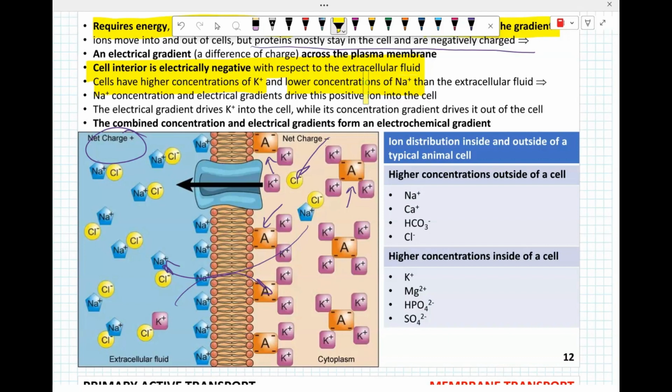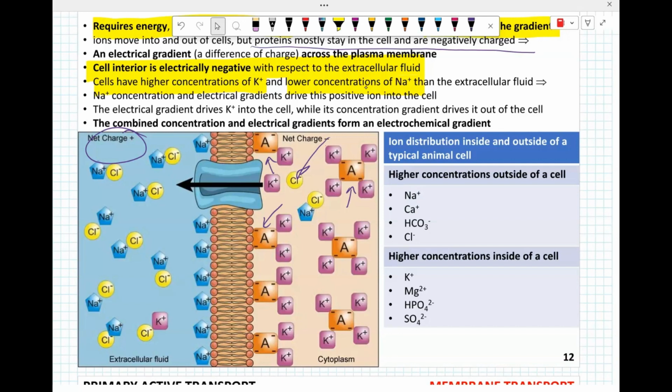On the other hand, the electrical gradient drives potassium into the cell. Potassium is positively charged, and the intracellular space is negatively charged. But its concentration gradient drives it out of the cell. So the combination of all the concentration and electrical gradients form what we call an electrochemical gradient across the membrane.